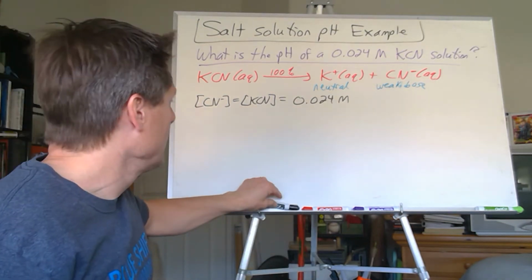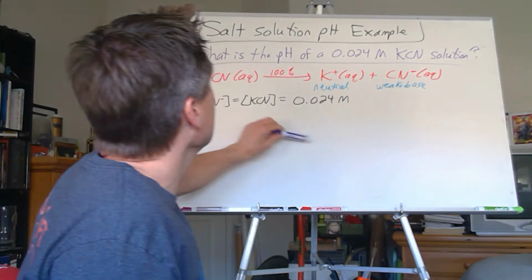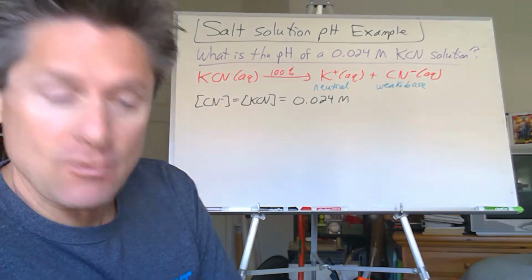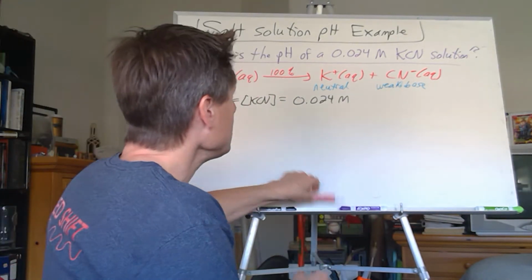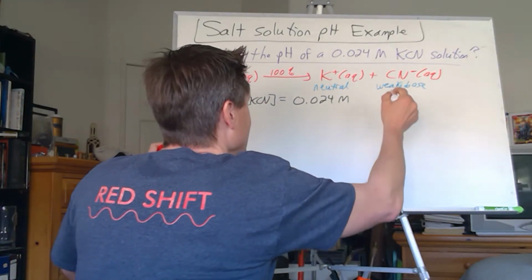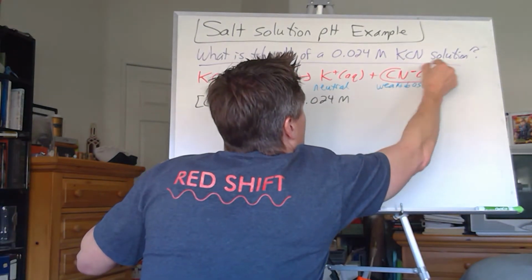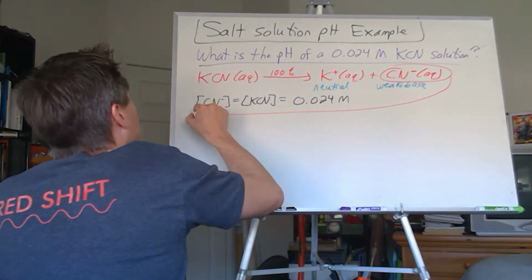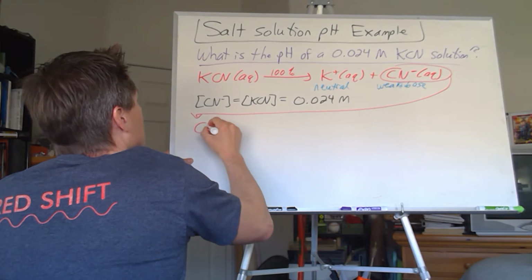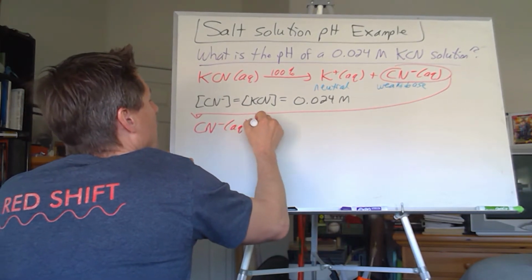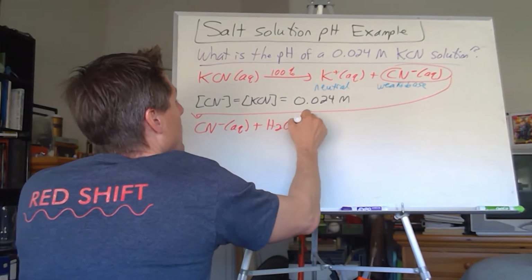Let's see what we got here. Kb. Let's write the ionization equation for that real quick. So I'm going to bring the cyanide ion down. The cyanide ion is going to function as a weak base in water.